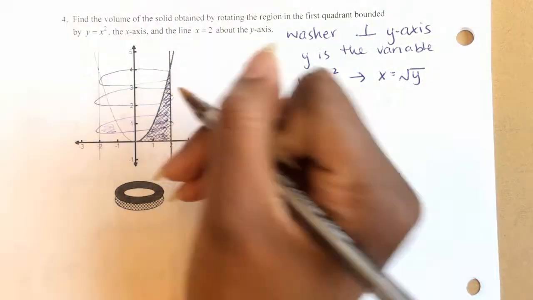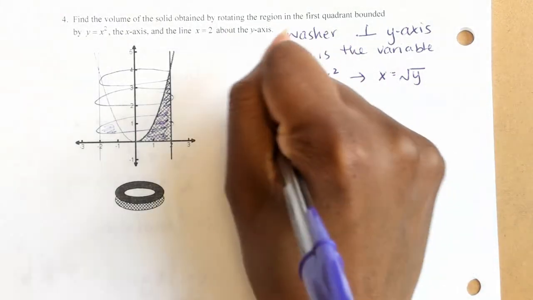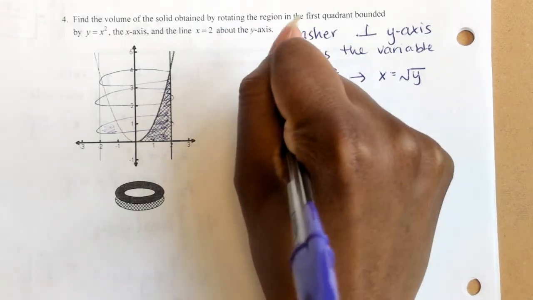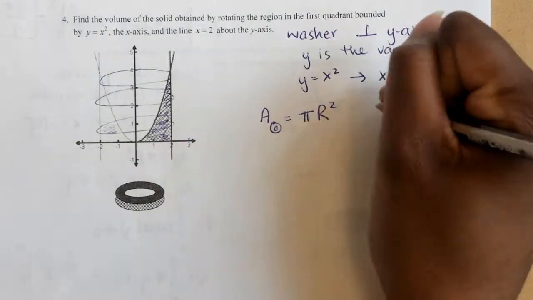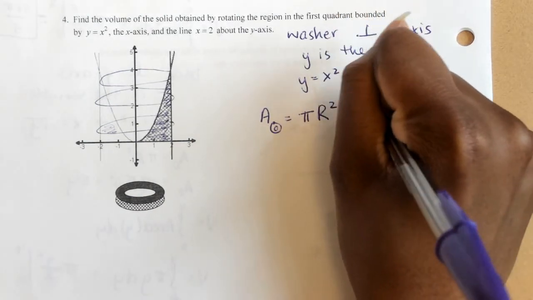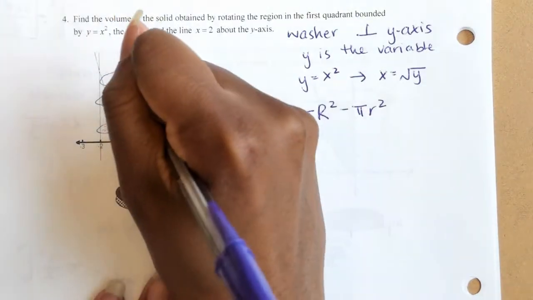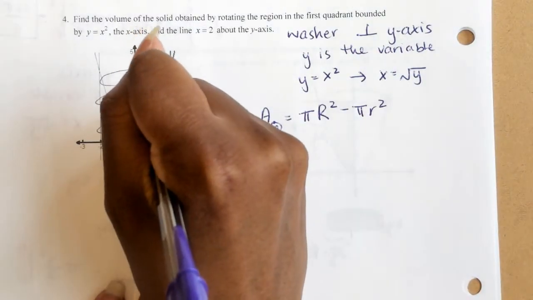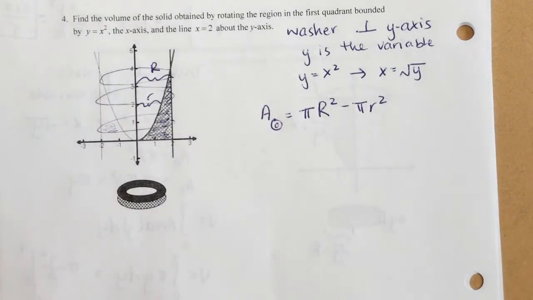So to take into account that there is such empty space on the inside, our actual area of a washer is equal to pi big R squared minus pi little r squared. So the big R will be the whole thing. The little r will be just that inside missing piece.